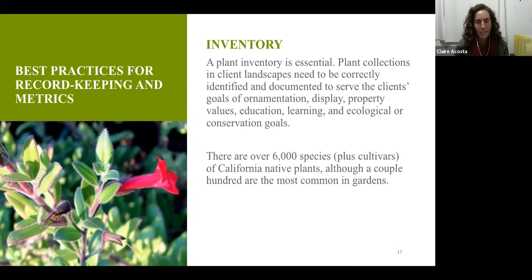But consider a database of some sort. This could look like a bunch of different things. I'm sure you have recommendations too, but it could just be something on your phone with a picture of the plant, or an Excel spreadsheet. A lot of you are in design, so you might have the design on hand, or this could be combined with your garden assessment.